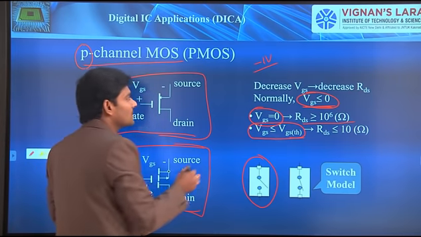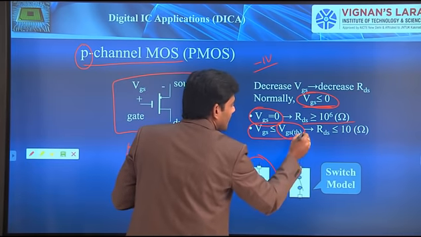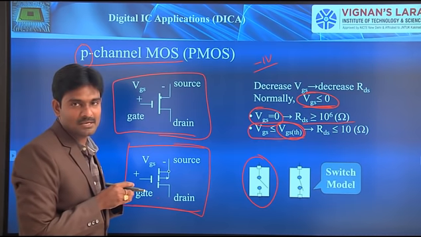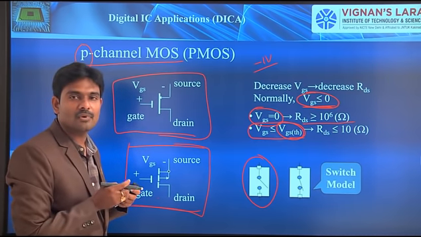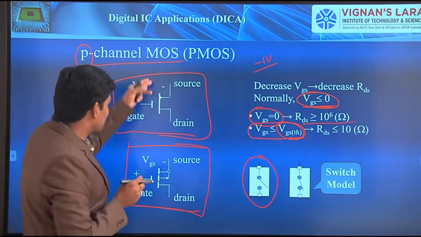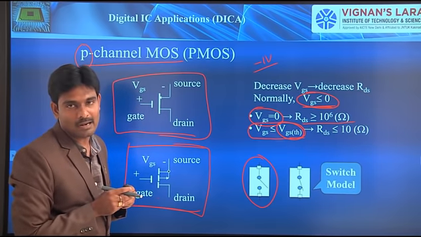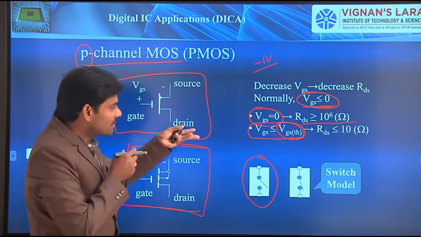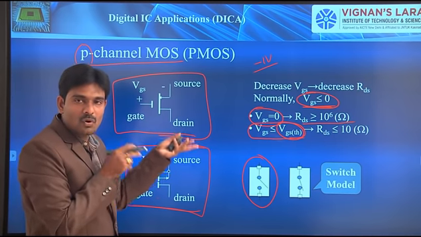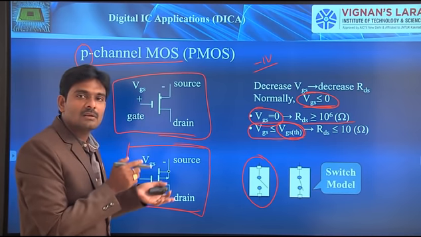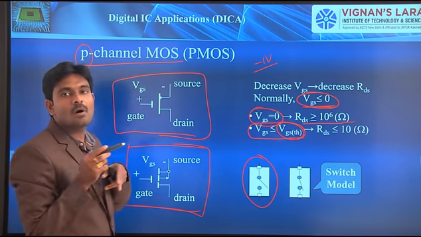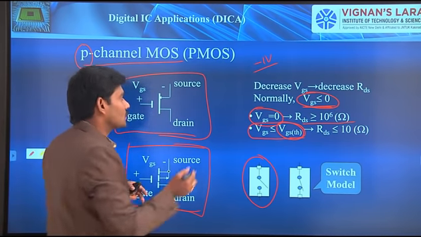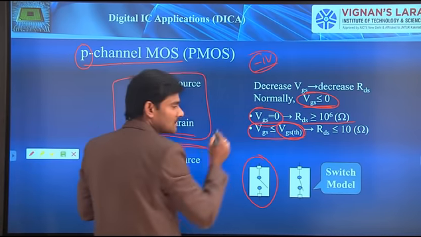So once it reaches that particular threshold value, as I mentioned, what is the threshold value? The minimum voltage required to get a conducting path in between source and drain, or in another way, the minimum voltage required to convert a transistor from off state to on state. So that value in this particular case is minus 1 volt.